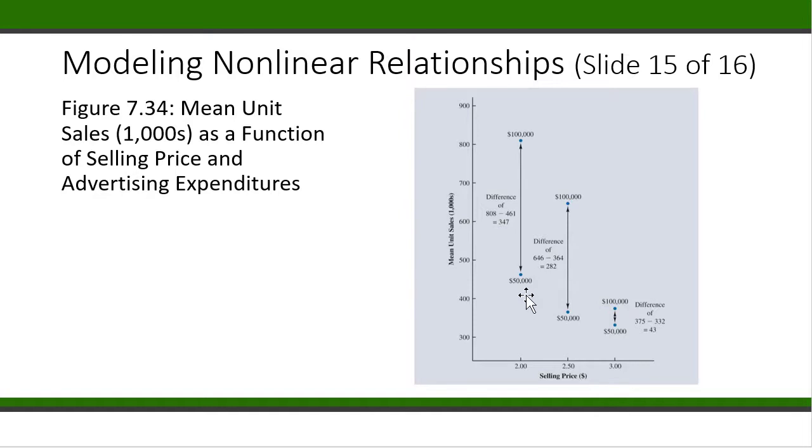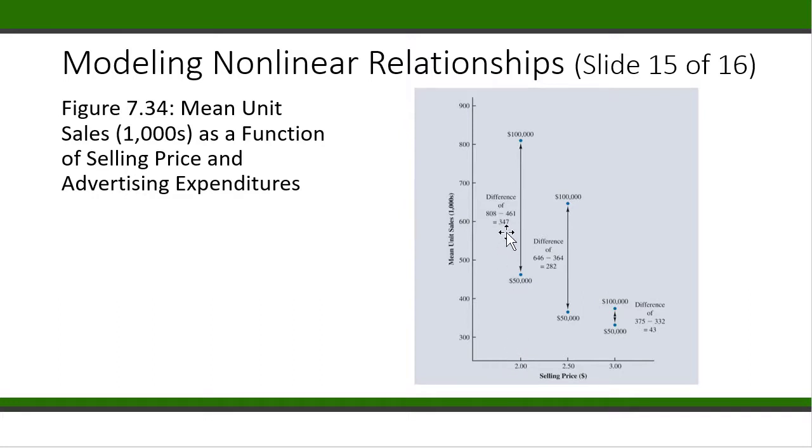And so we can spend between 50,000 and 100,000, and we can see what that does on our unit sales here. And what this is showing is what if our prices went from $2 to $2.50 to $3, and our advertising expenditure of 50,000 to 100,000, what would that change in the difference in the units sold based on the price as well?